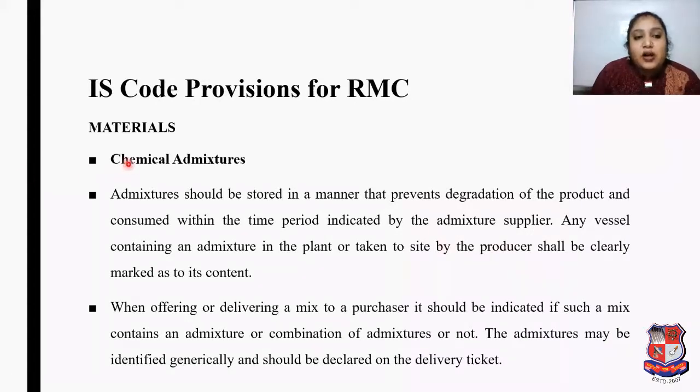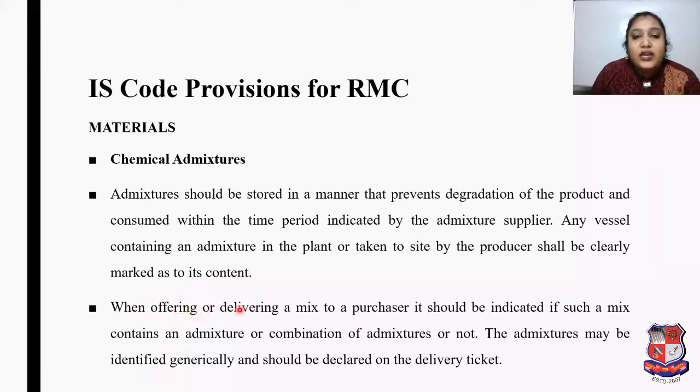If we talk about chemical admixture under material as per IS code provision for ready mix concrete, then admixtures should be stored in a manner that prevents degradation of the product and consumed within the time period indicated by the admixture supplier. Any vessel containing an admixture in the plant or taken to site by the producer shall be clearly marked as to its content.